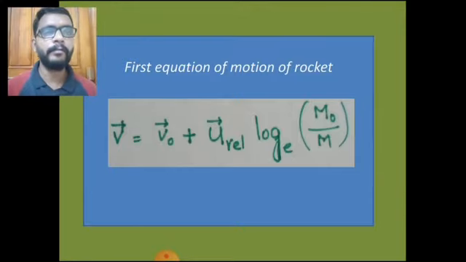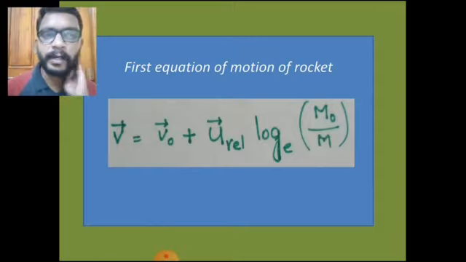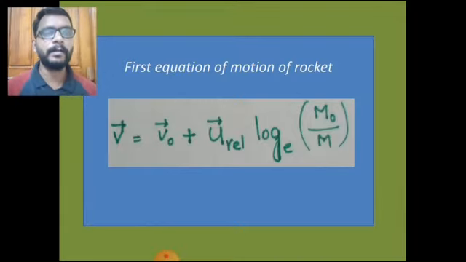And m naught is the initial mass of the system or rocket, where m is the instantaneous mass of the rocket. So this is the first equation of motion of the rocket, and it holds in the absence of external force. This equation is applicable where the external force acting on the rocket is 0.